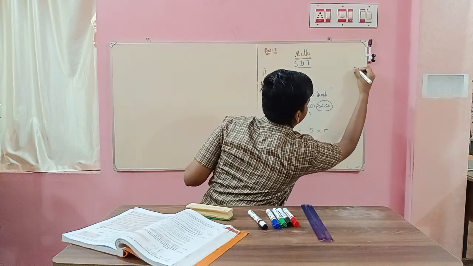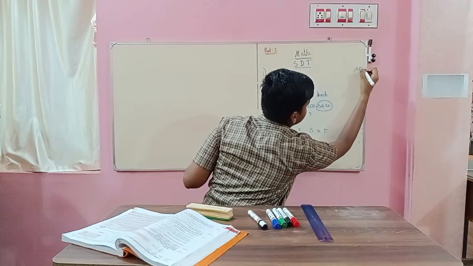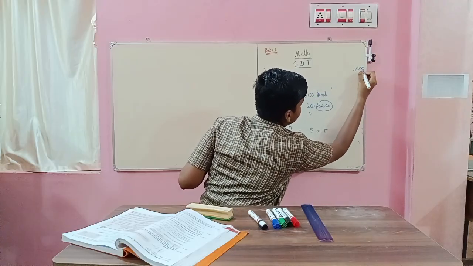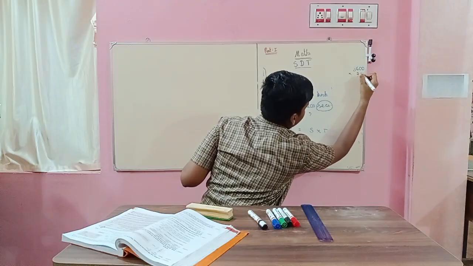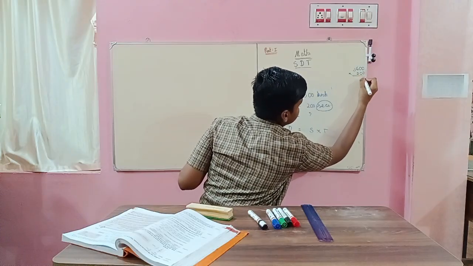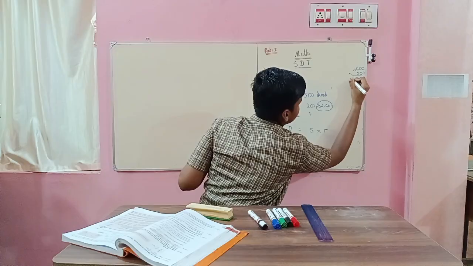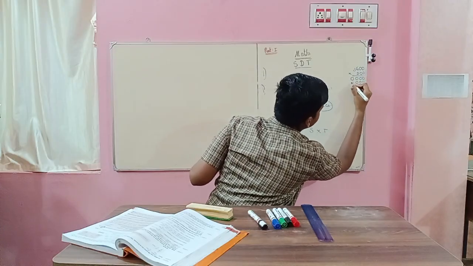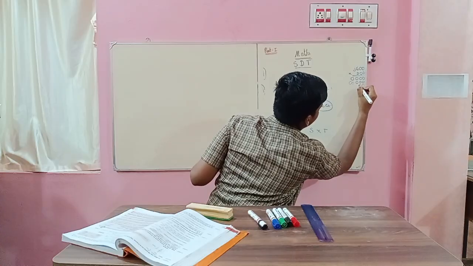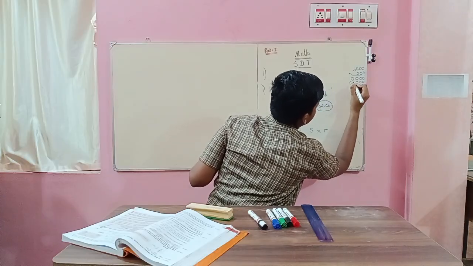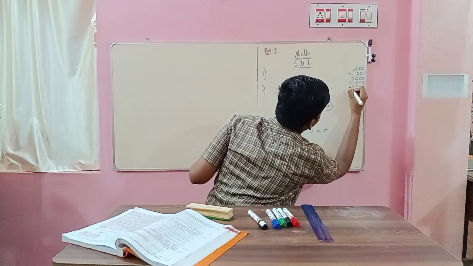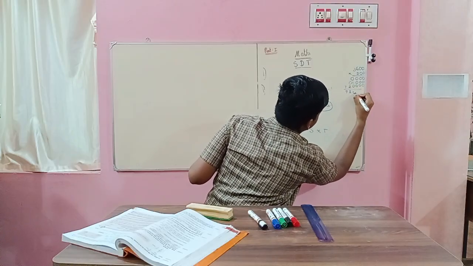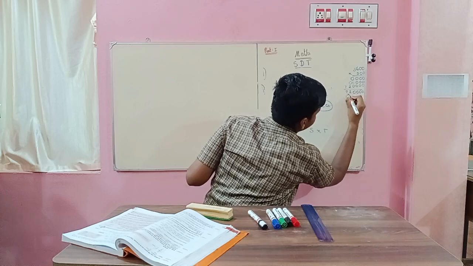So what's the answer? 3600 multiplied by 200. Answer is 72000.